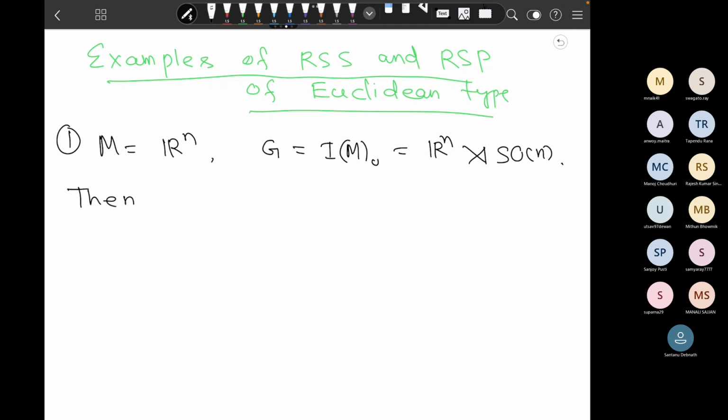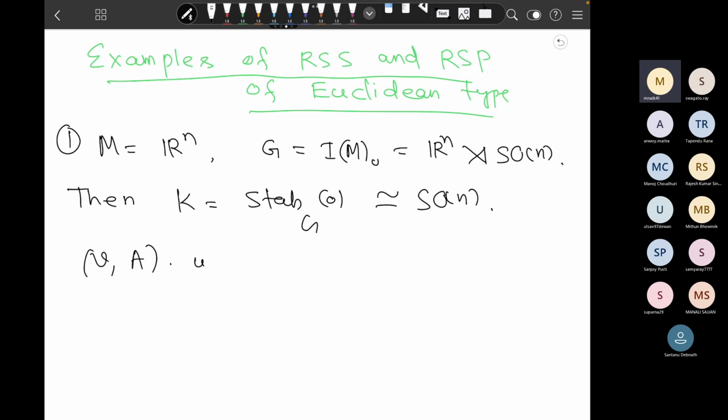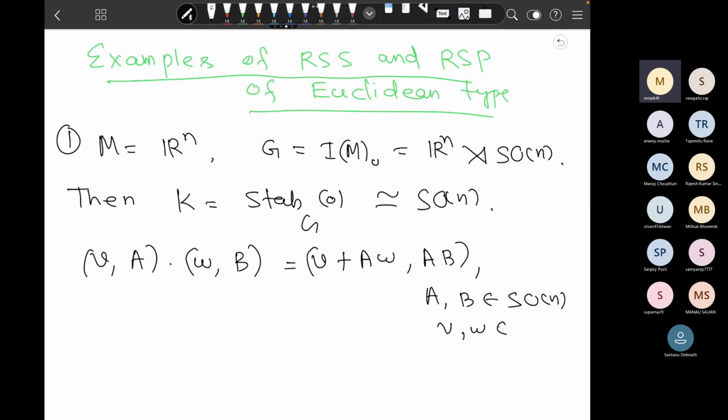Then you look at this K, K is really the stabilizer of O inside G, which is isomorphic to SO(n). What is the group law here? (v, A)·(w, B) is (v + Aw, AB), where A, B belong to SO(n) and v, w belong to R^n.